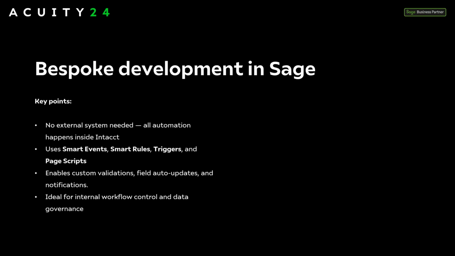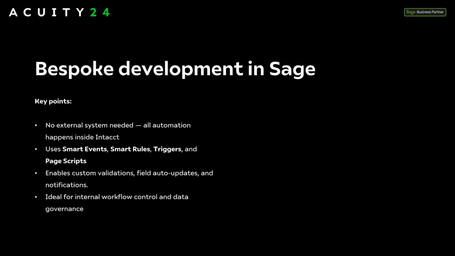You can also post APIs internally, meaning that the APIs that I've just shown you from Sage, you can also use them within the system to do other operations. You can also use triggers for validation as well.